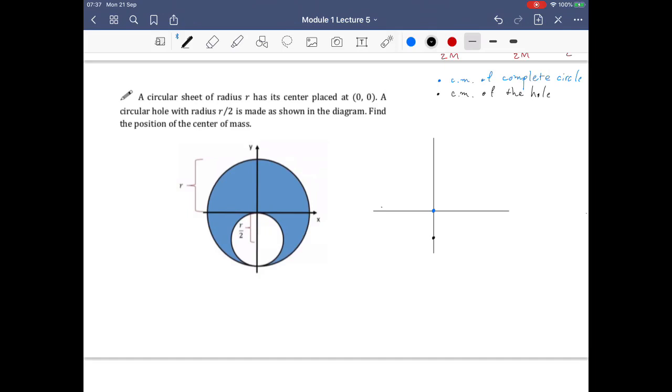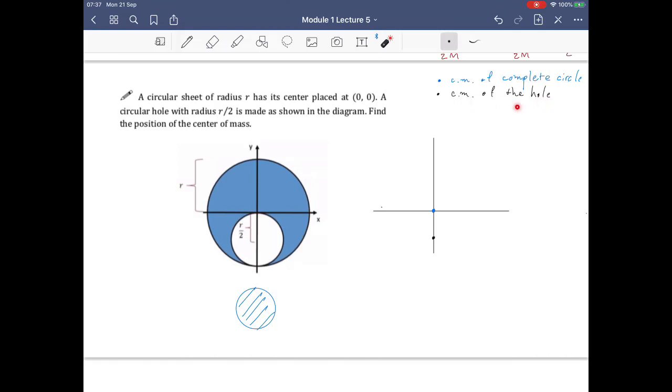of the hole. Okay, what does it mean, the center of mass of the hole? It means that because you cut out this hole by removing this part of the circle, right? What I mean is, if you put this small circle back into this big circle, you get the complete circle.